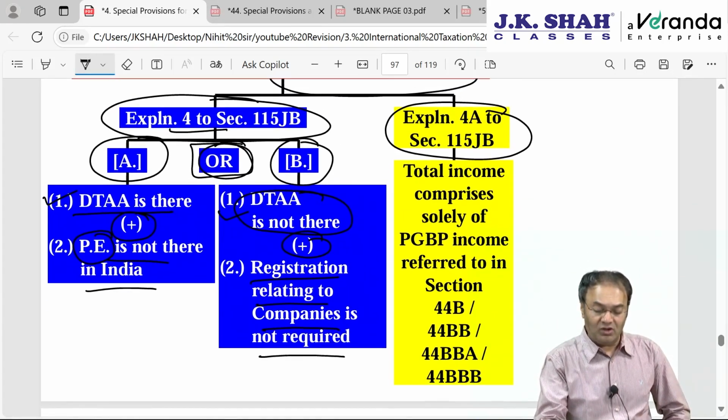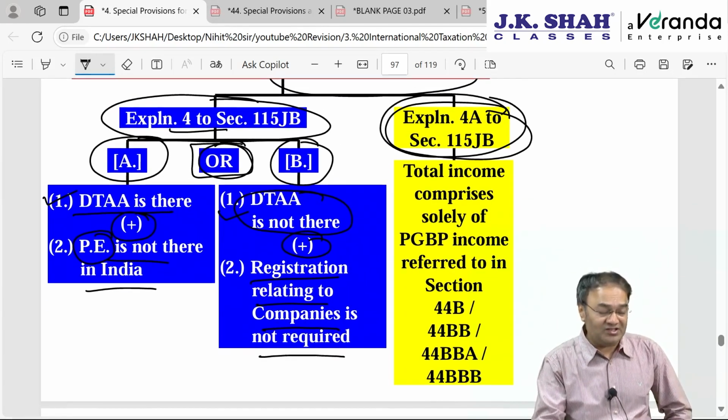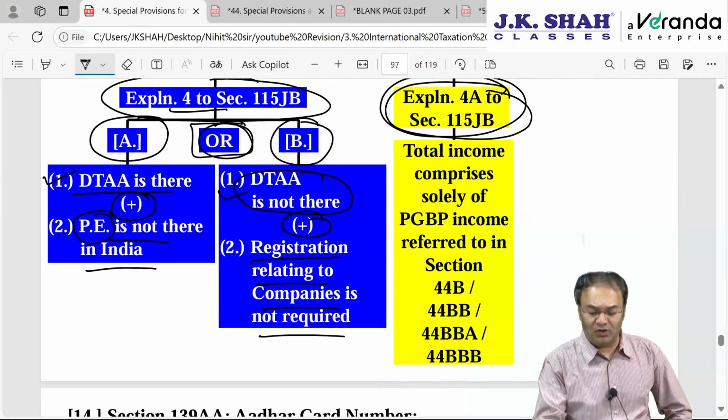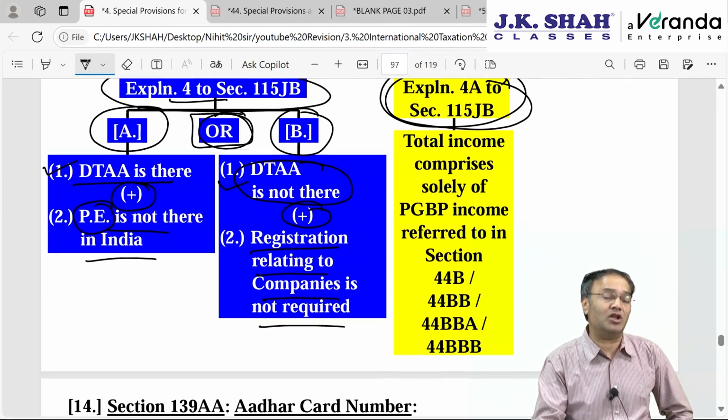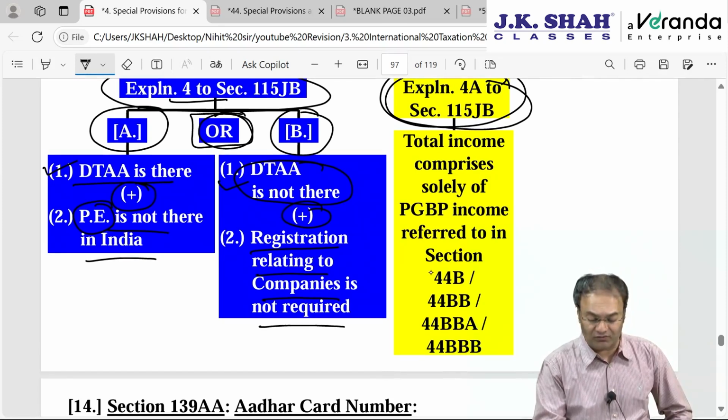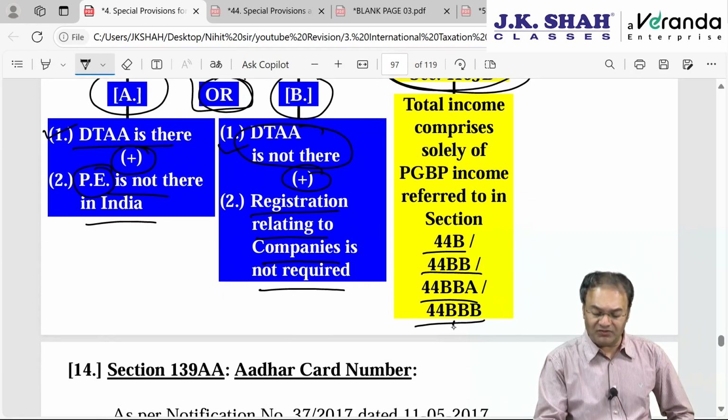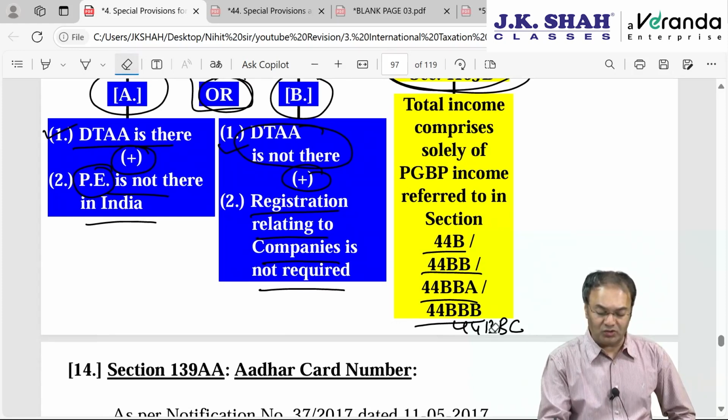And the last one, explanation 4A. It says that if the total income of the foreign company comprises only of those incomes which are presumptive taxation, 44B, BB, BBA, BBB. Here the government has forgotten to introduce 44BBC. I have also not included it, so it's not a printing mistake.